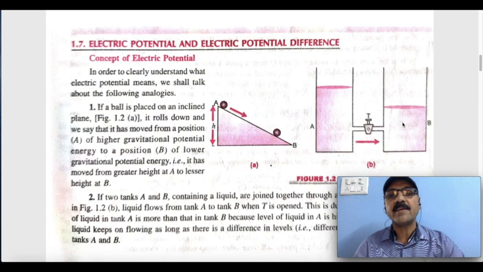Similarly, in another example, if two containers with different water levels are connected by a horizontal pipe, the liquid always flows from the higher level to the lower level.